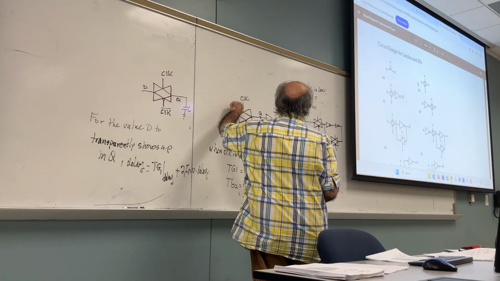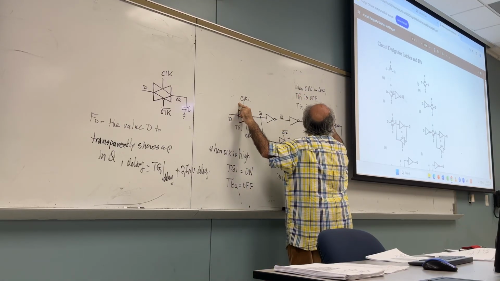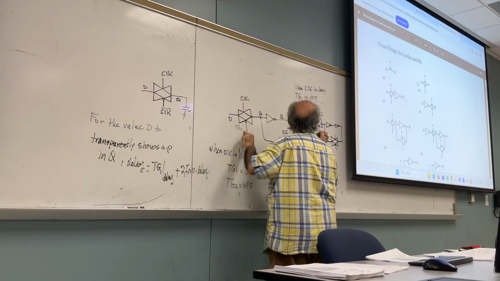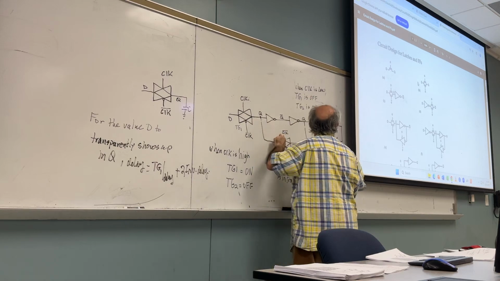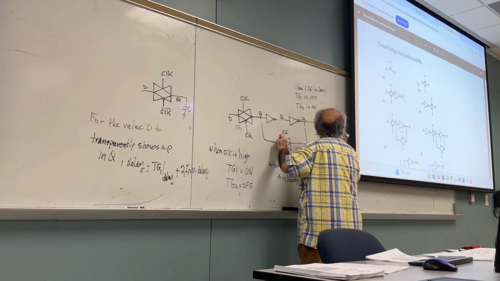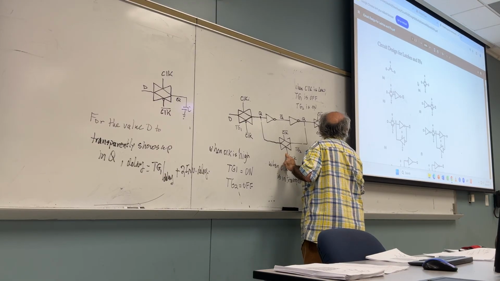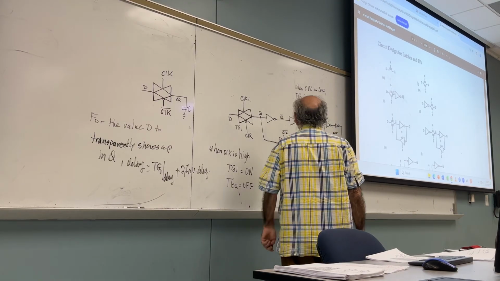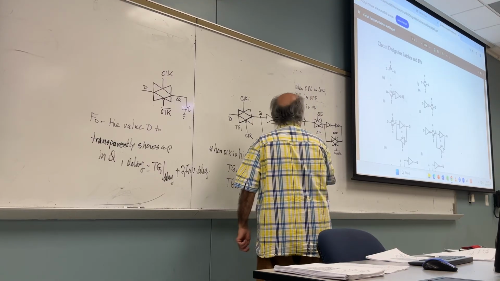Help me. What is this? This is a clock. What would this one be? This one is what? Clock bar. This one? Clock. What is this one? Yeah, this is a clock.